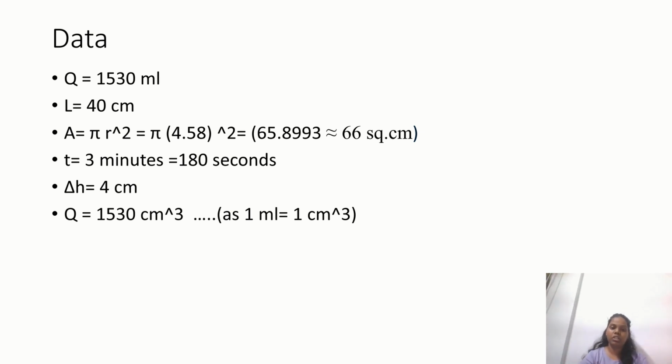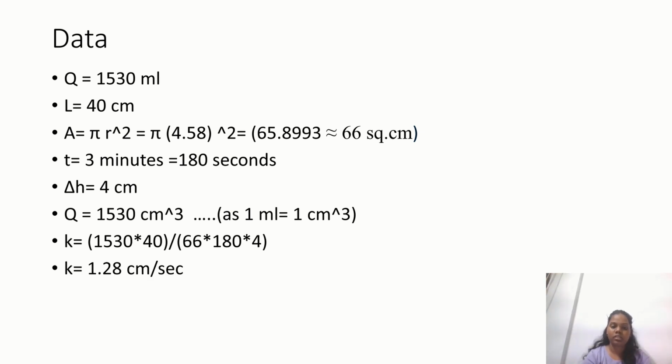Now putting all of these values in the formula and calculating it, we get the answer as 1.28 centimeters per second. So the permeability coefficient of the sample we have taken is 1.28 centimeters per second.